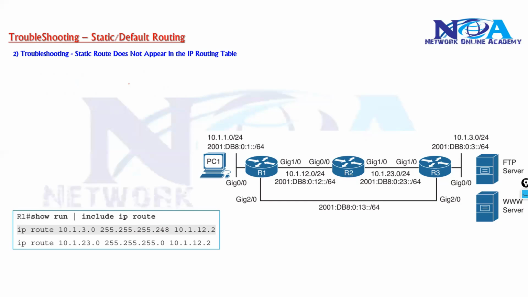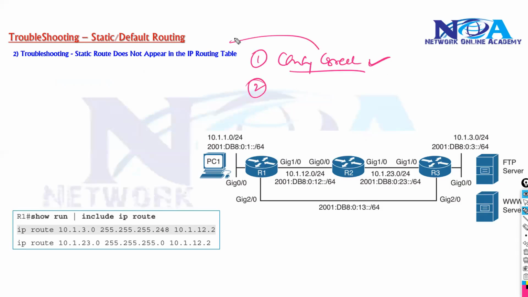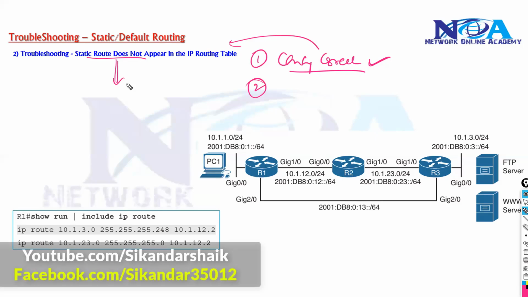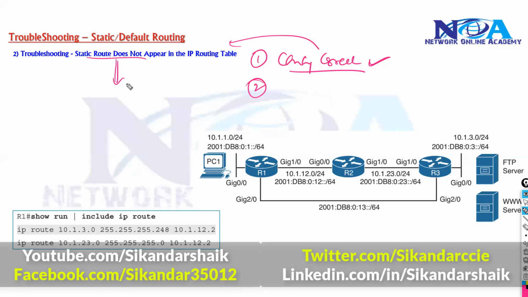In this part I'm assuming that the configuration is correct. Of course, you have to verify the configurations as well, but if the configuration is correct and you still don't see the route, then there might be some next hop related issues. That's how it can be divided. Anyway, I'll try to show you some examples with trouble tickets in our next videos, with a little more practical verification as well.